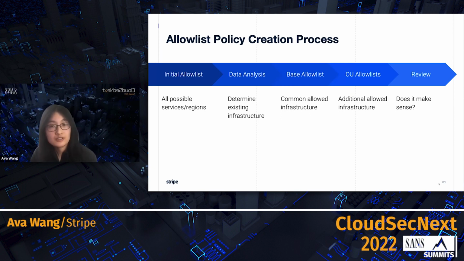With this usage data, we determine the base allow list from the commonly used services or regions across accounts. We also analyze the usage data to determine the additional allow list that each OU needs. And finally, we'll compare the new allow list with the initial allow list and check to see if the changes make sense.